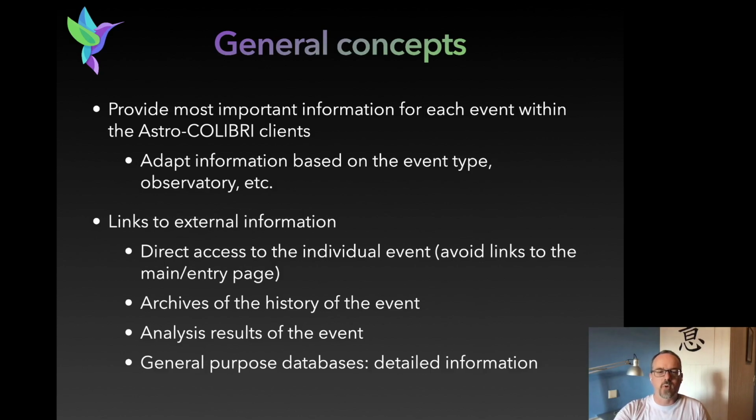For example, we point directly to the archives of the history of the event if there are several updates. We point to analysis results of various observatories for a transient event, and we point to general purpose databases where you can find additional detailed information about each event. I'll show you a few examples in the following.